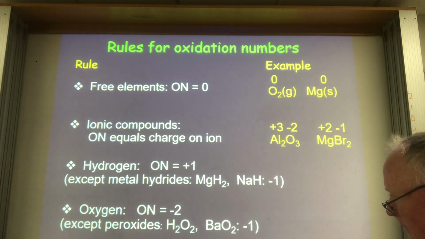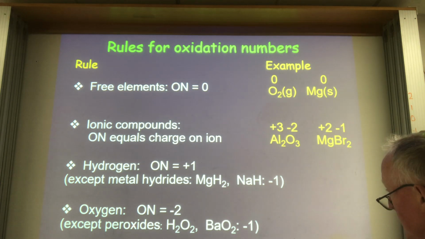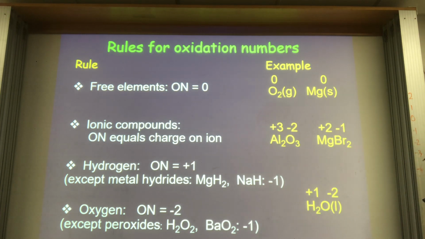They'll always be given to you with the word peroxide in the name, and in year 11 in particular, you won't be asked to worry too much about those. So for all intents and purposes, hydrogen is +1, oxygen is -2. The simplest example of that is water, in which hydrogen is +1, oxygen is -2.